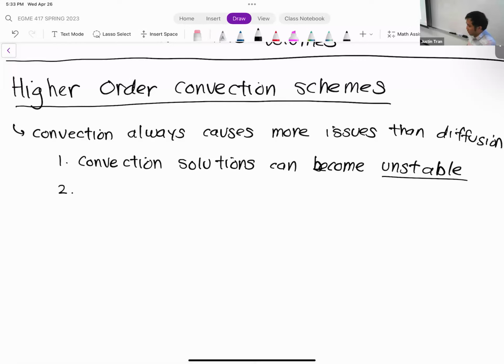And another thing, when we're in 2D and 3D, we haven't really talked about this all that much, just because it hasn't really been relevant. But when you have convection in 2D and 3D, you have an additional source of error known as artificial diffusion.